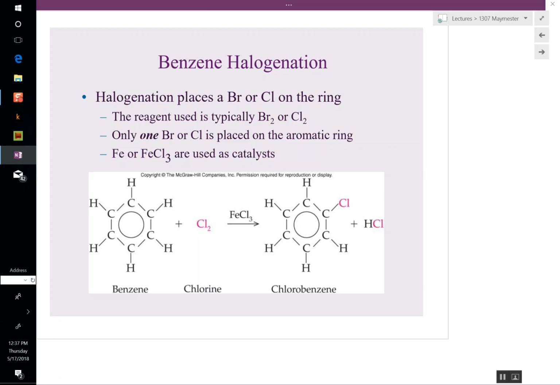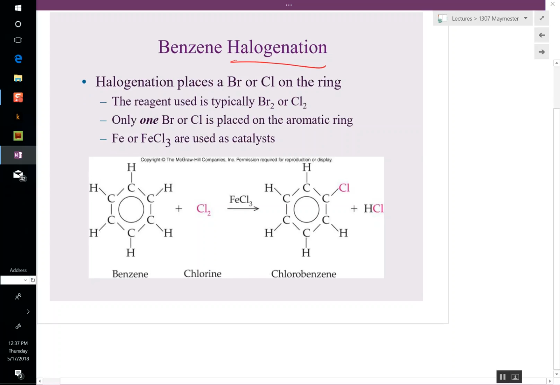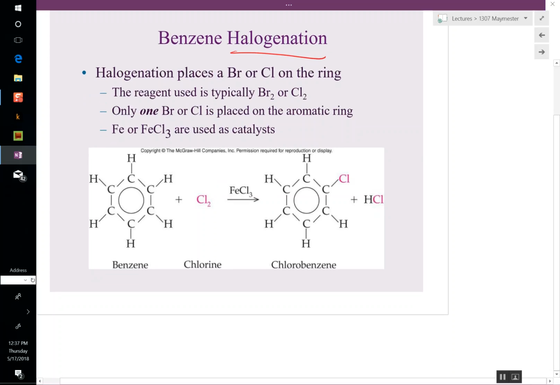Okay, the only reaction of aromatics, and then I think we're done with chapter 11 and we'll take a break, is halogenation. Boy, this thing keeps coming up. And just real quickly, this is like halogenating an alkane. It is a substitution reaction. We're back to another substitution.